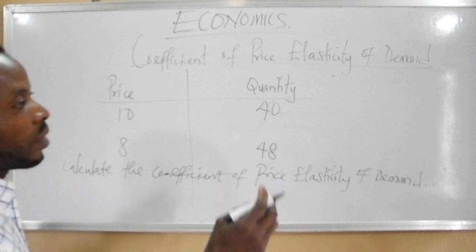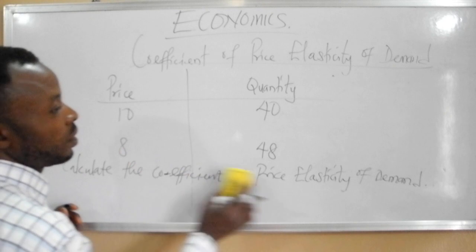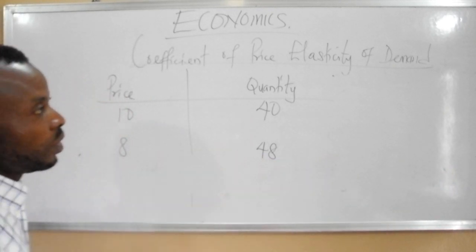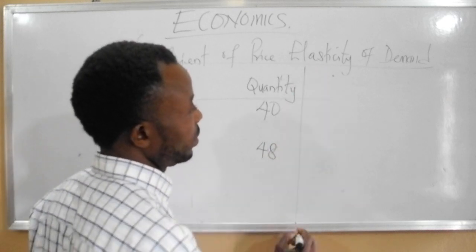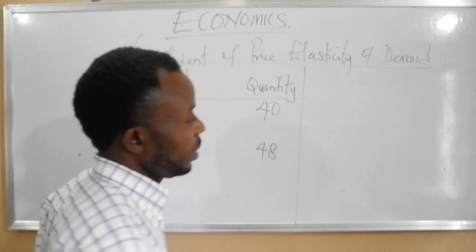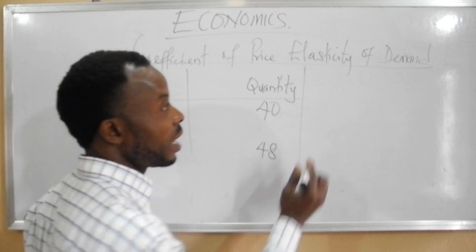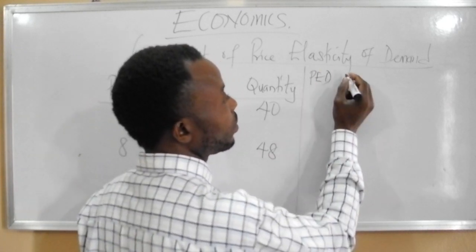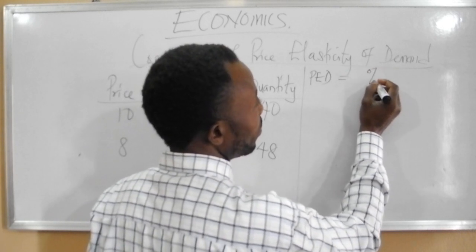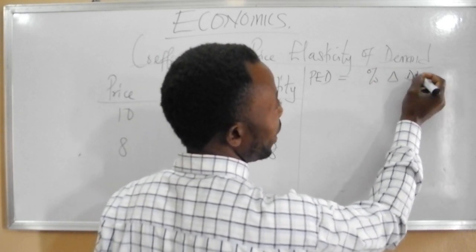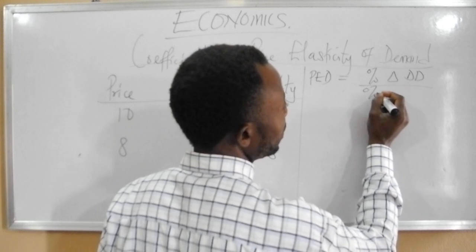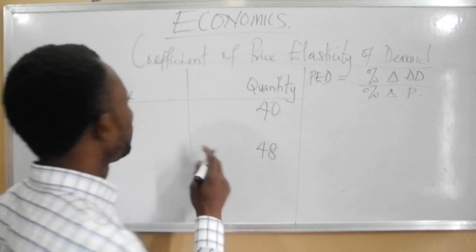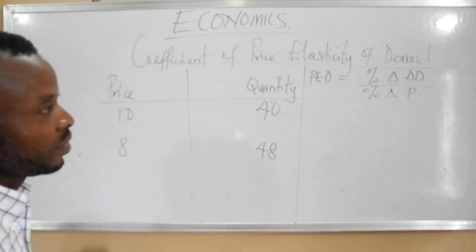Don't forget that we said the formula is PED, that is price elasticity of demand, equals percentage change in demand all over percentage change in price. Now we take this one after the other.